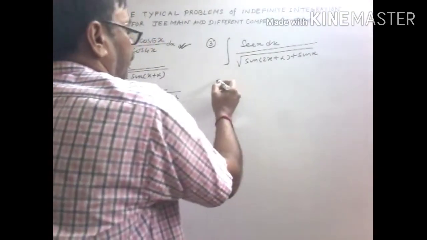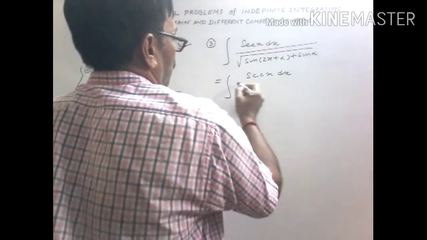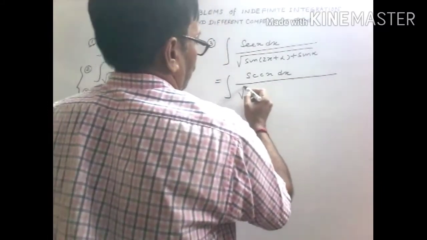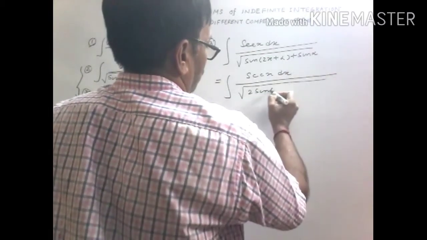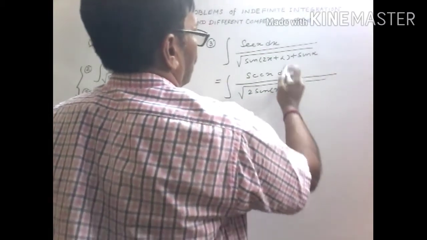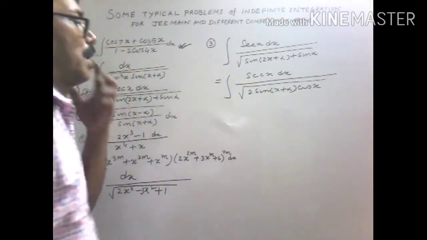Now look, we use the formula of sin C plus sin D. So 2 sin (2x plus 2 alpha)/2, that is sin x plus alpha, into cos (C minus D)/2, so cos x, dx.